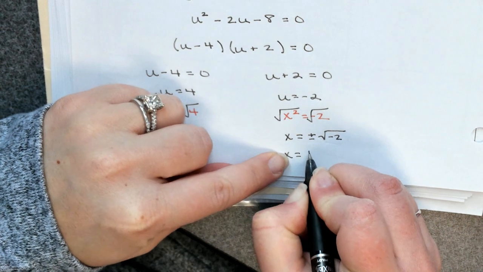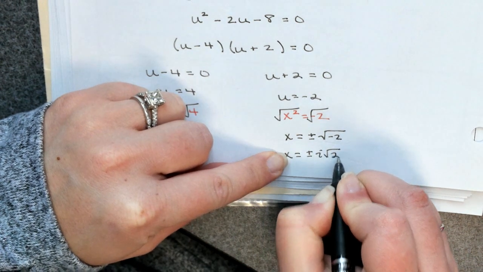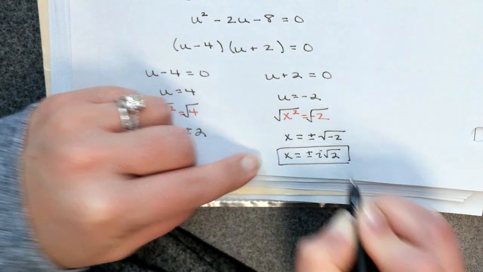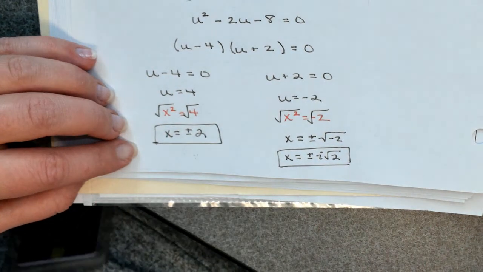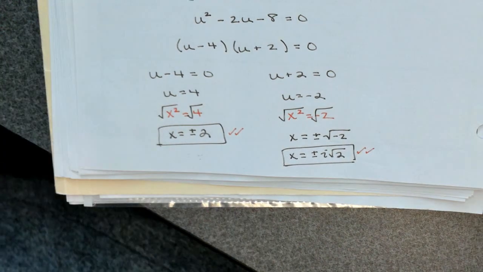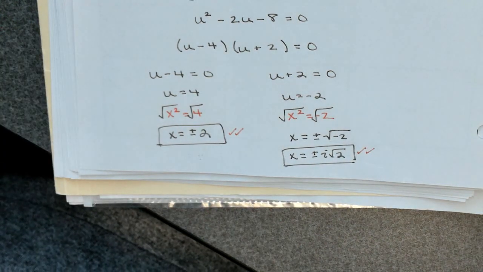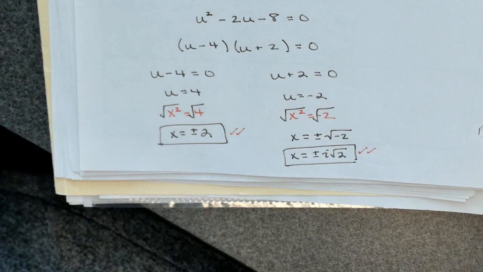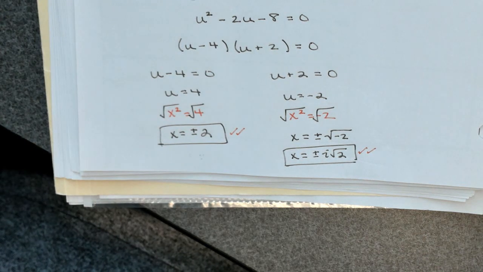So x equals positive or negative i square roots of 2. That is your final answer. Both of those. But wait a minute. Because they're both positive and negative, you actually have 4 solutions there, even though it looks like 2, and we were aiming for 4 solutions. Okay? I know this is a little bit tricky, but try your best. Okey-doke.